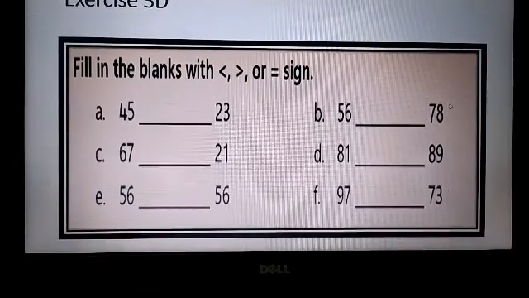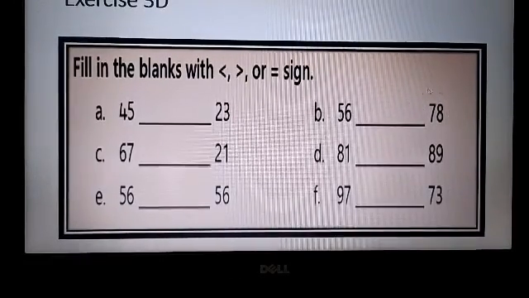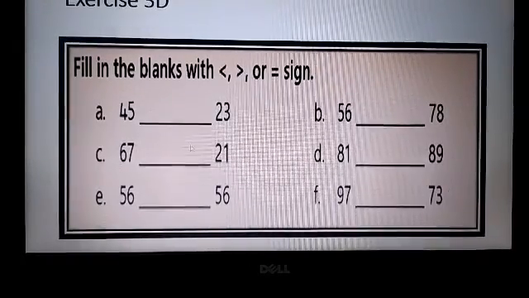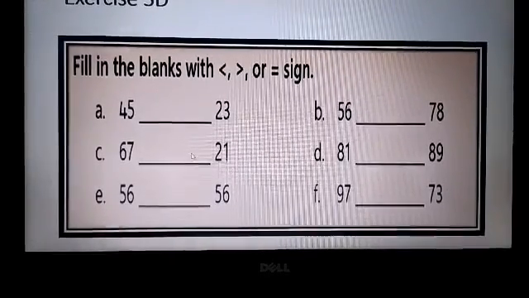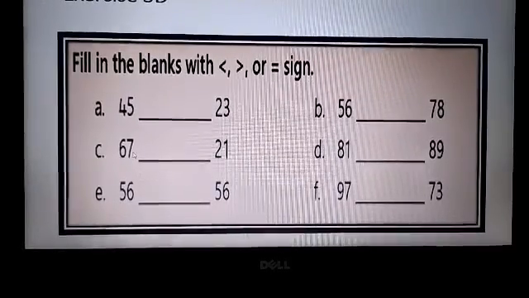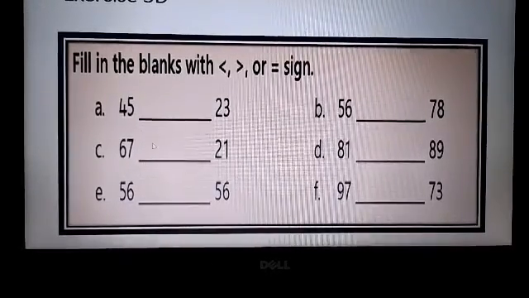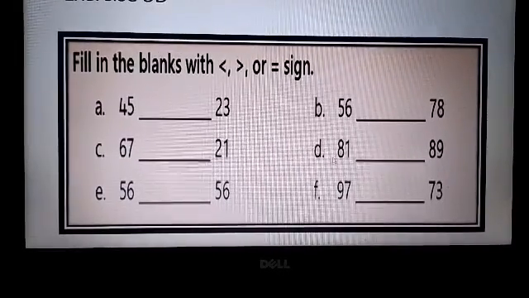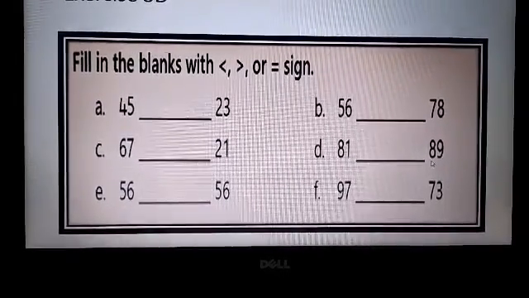That means your crocodile Creow is going to eat this number. Yes, 78. C. 67 and 21. Which is the bigger number? 67. Very good, kids. Yes, so you have to put a greater than sign over here. Next, 81 and 89.